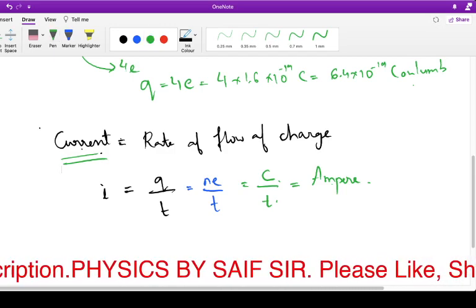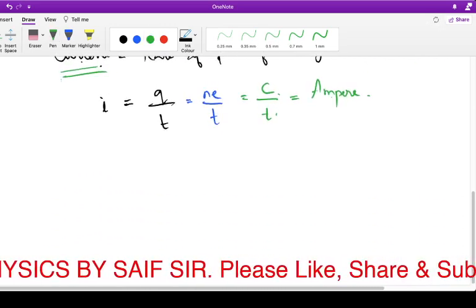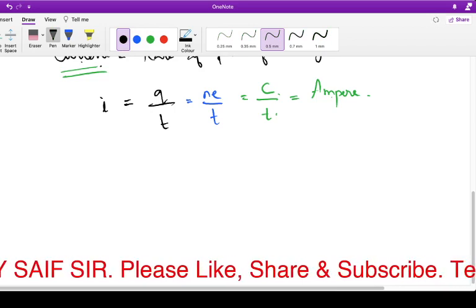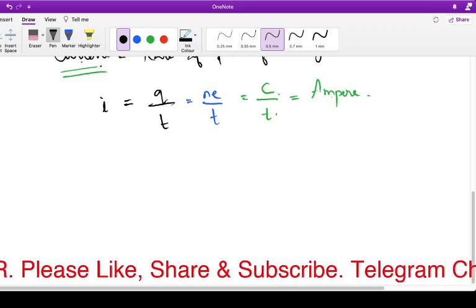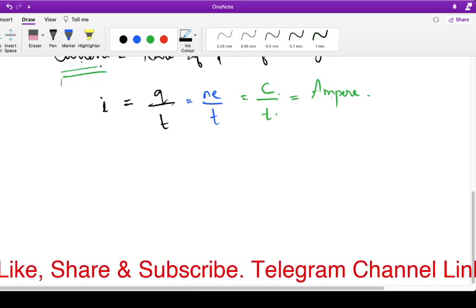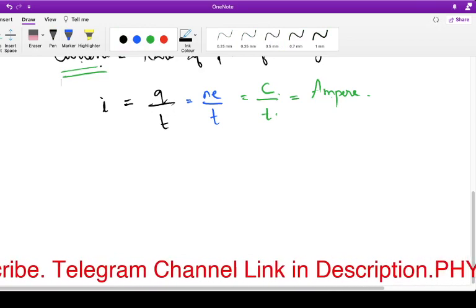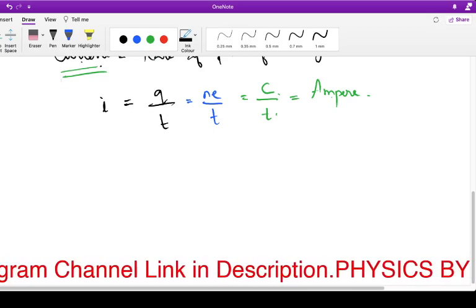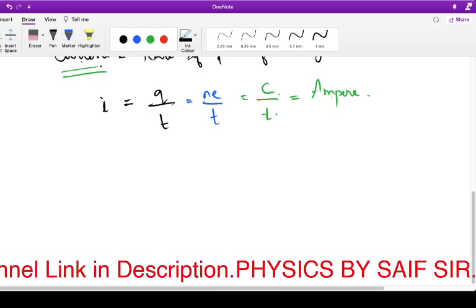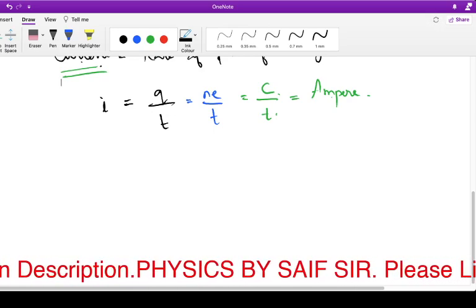Now the next topic. We have seen what charge is, the motion of charge, and the rate of charge. Now we also know that it takes place in a circuit. To make a circuit, there should be easy flow of charges.